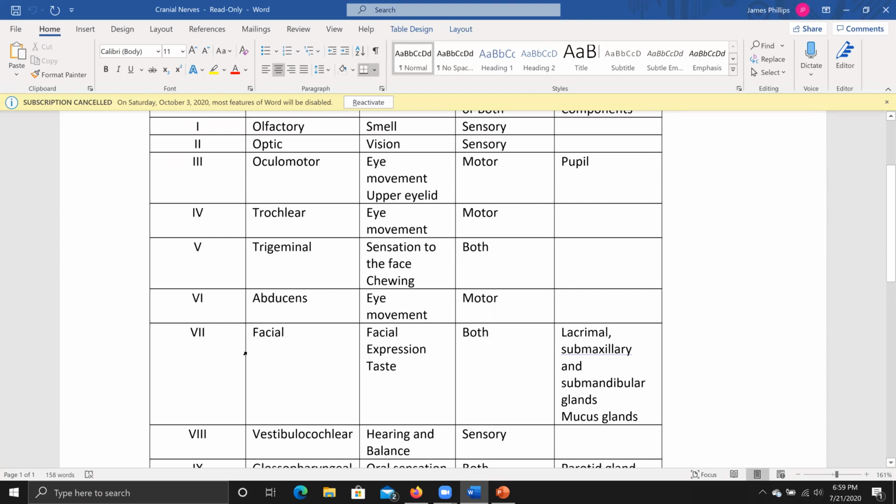So the facial expression and taste are the cranial nerve number 7, and it has branches like fingers going out. And so that's motor. When you do a parotidectomy, the facial nerve goes right through the middle of the parotid gland.